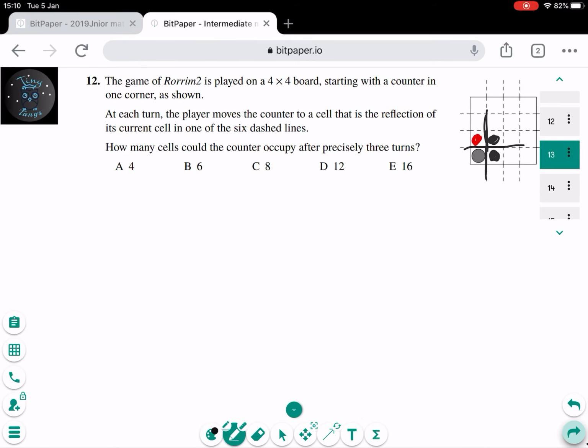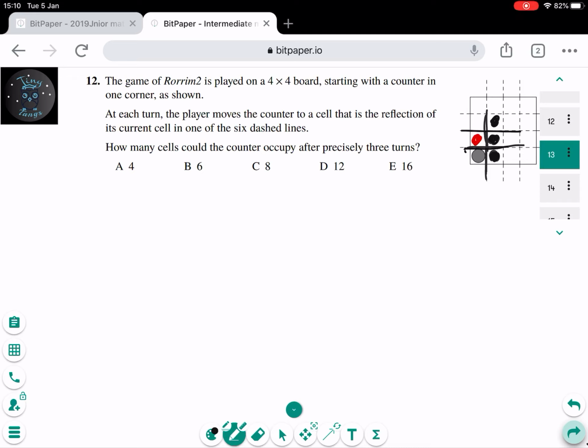Another method would be here, and then let's say still reflect it in this line, and then reflect it in that line, so it's there.